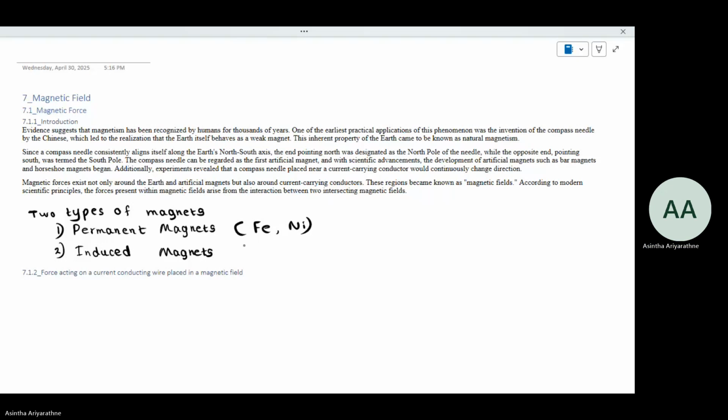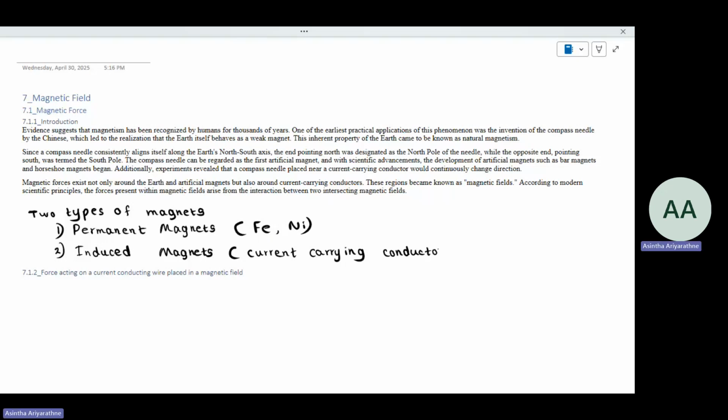So, for example, a current carrying conductor can be considered as an induced magnet.